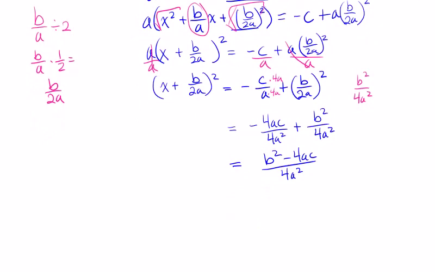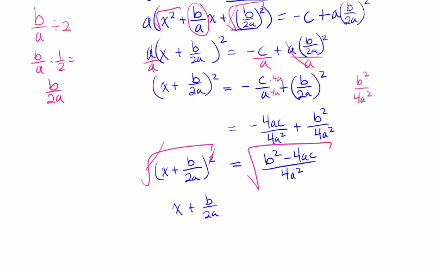All right, and so now I'm going to take the square root of both sides. Okay, so I get x plus b over 2a equals the square root here, so the numerator, b squared minus 4ac, that can't really be simplified, right?